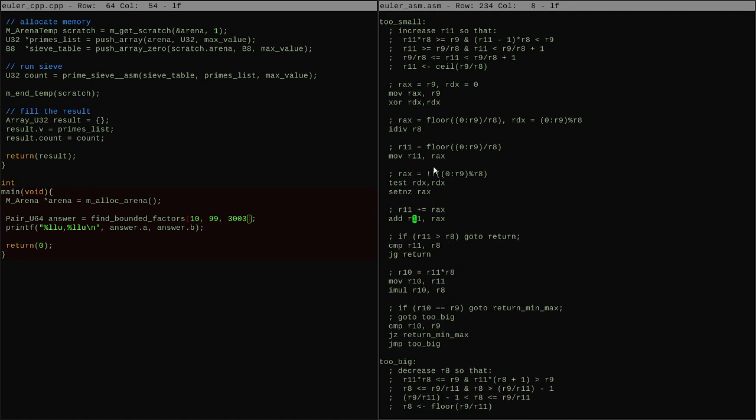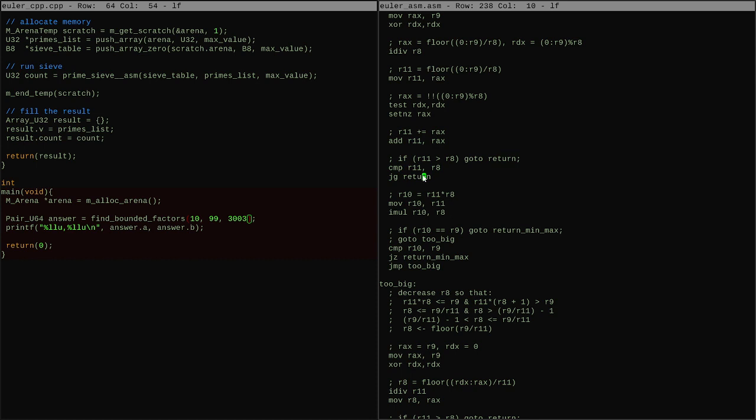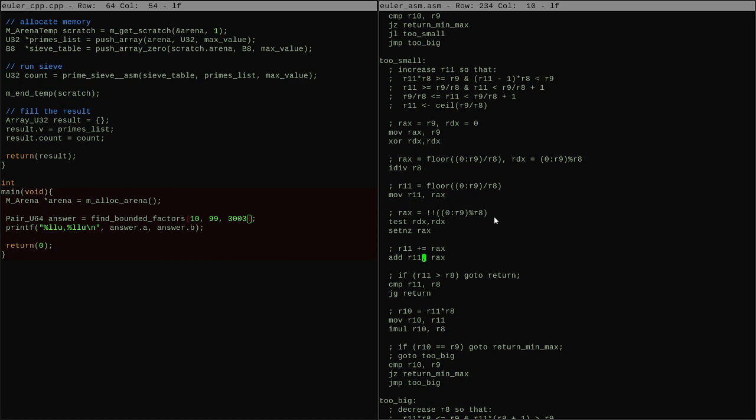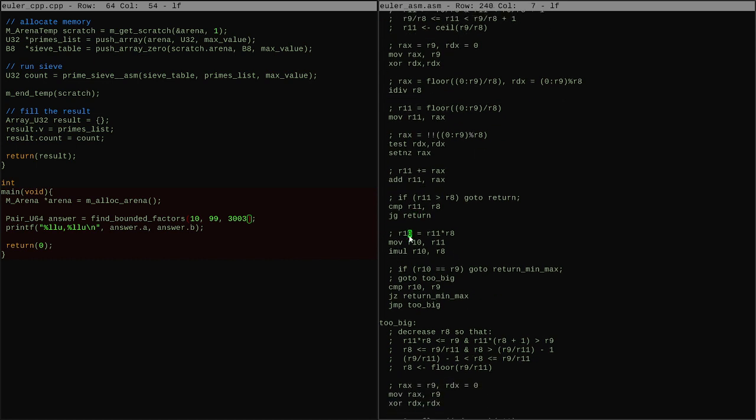Basically, if the remainder was non-zero, go up by 1, then do the test, and then, oh man, it's so annoying. You still have to do another comparison down here. Well, we can get rid of this.